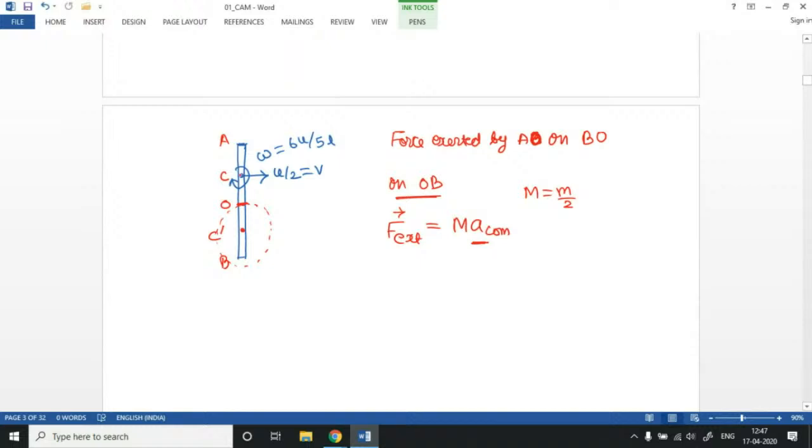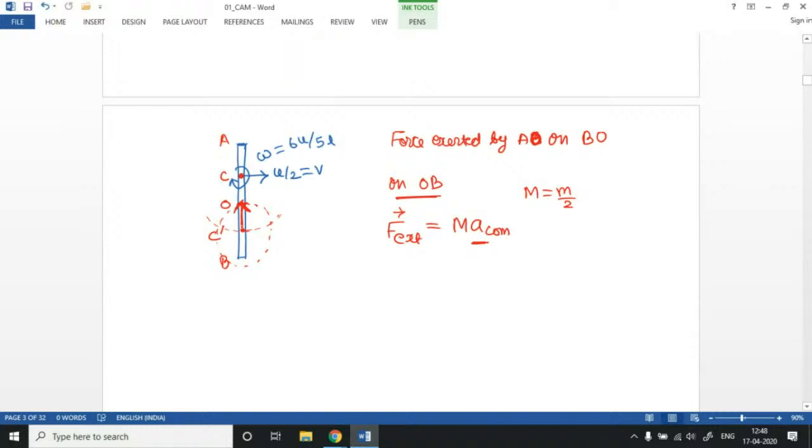Now see, this point C has zero acceleration because the net external force on this whole rod is equal to zero. So the acceleration of rod AB is going to be equal to zero. So this point C has zero acceleration, and this point C dash, you can imagine it to be moving along a circular path centered at C. So C dash will have only centripetal acceleration.